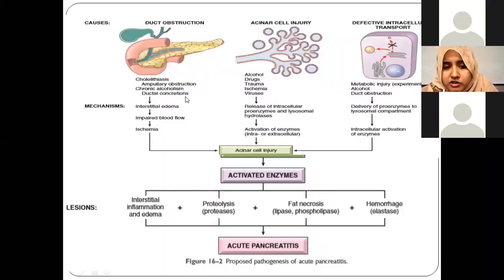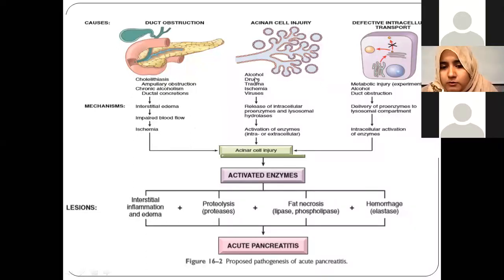Duct obstruction could be due to many causes that we are going to discuss in the next slide, and that causes interstitial edema, impaired blood flow, and ischemia. Remember, whenever there is intense edema and inflammation, that will lead to distension of the organ, which will obstruct blood flow and lead to ischemia, and that ischemia will cause acinar cell injury. What happens in direct acinar cell injury?